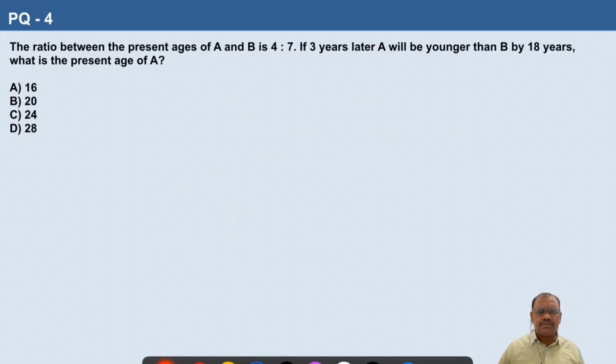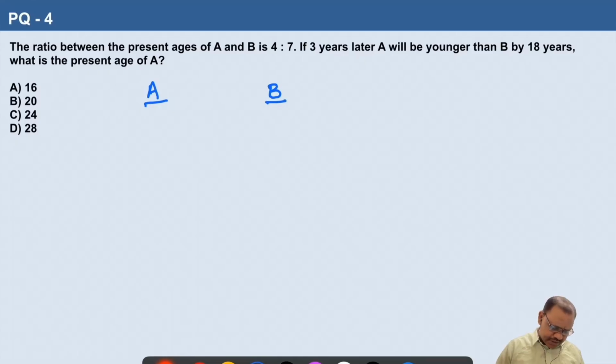Question number 4. The ratio between the present ages of A and B is 4:7. If 3 years later A will be younger than B by 18 years, what is the present age of A? So let us write down A and B. The ratio is given as 4:7, ratio of present ages.